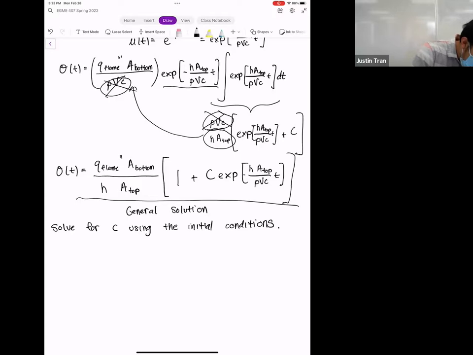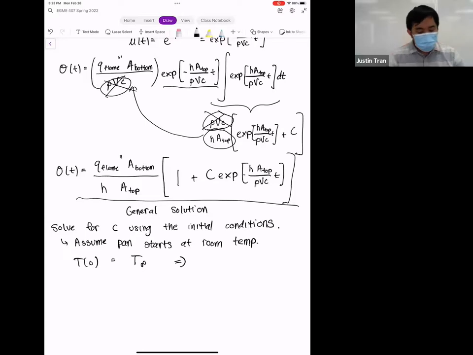Okay? And so T of 0 of the pan is going to be T infinity, right? And so if the pan is going to start at T infinity, what this tells us is that theta of 0 is going to be equal to 0.